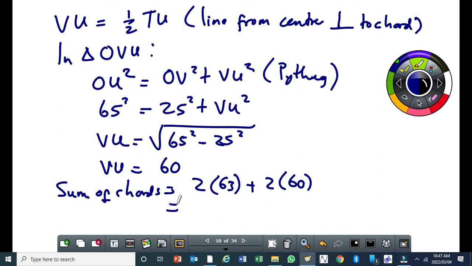So 126 plus 120 gives you 246 units. Then you're done.